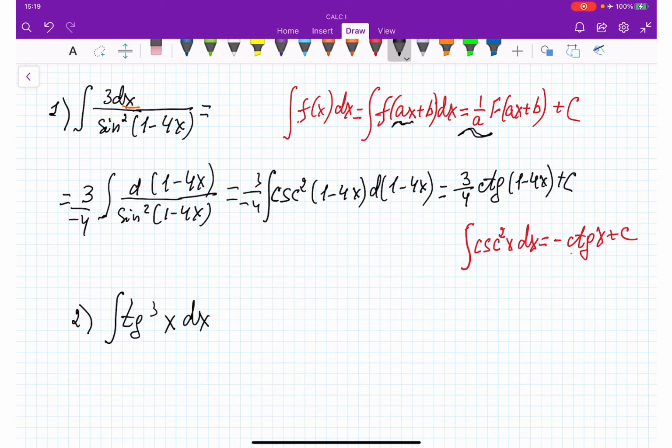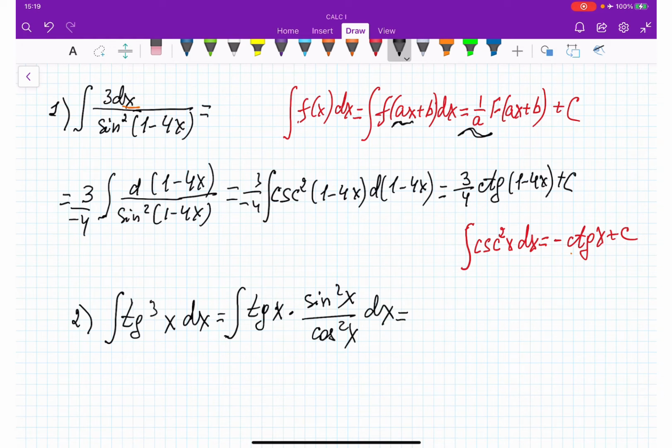I'm separating tangent cubed and rewriting it as tangent squared times tangent x, and tangent squared is going to be sine squared x over cosine squared x, dx.